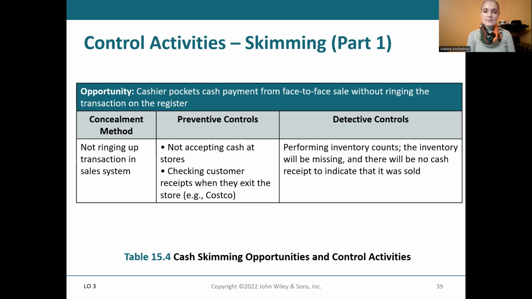Whereas with detective controls, you can do inventory counts and there will be inventory missing. And if there's no cash receipt to indicate that something sold, then you can investigate further. And you can look at specific employees that are working when inventory goes missing and see if you can trace it to a particular employee.